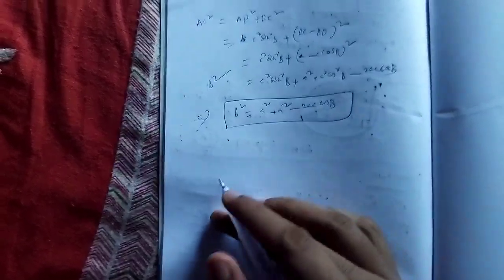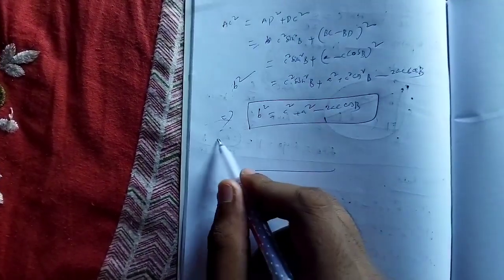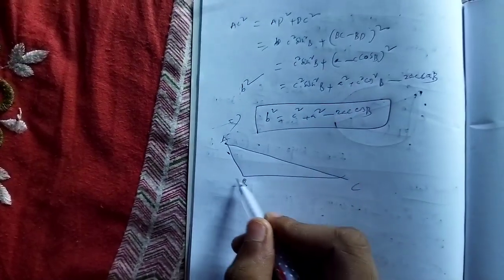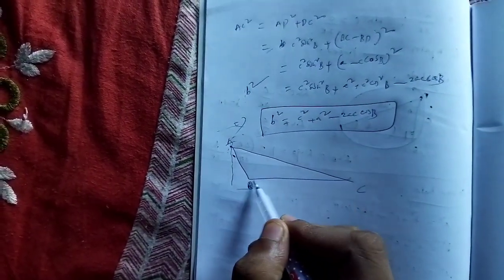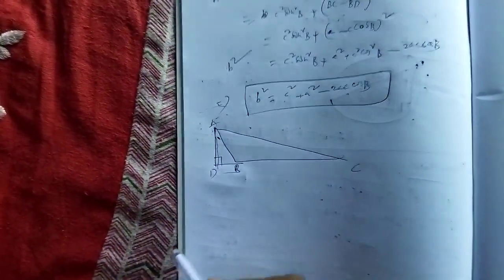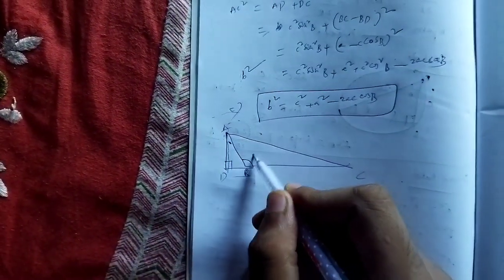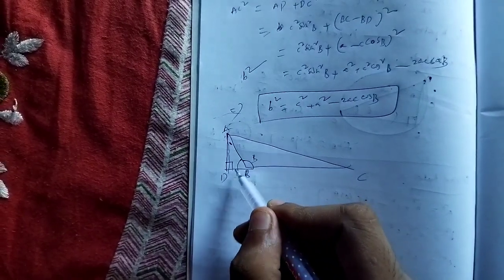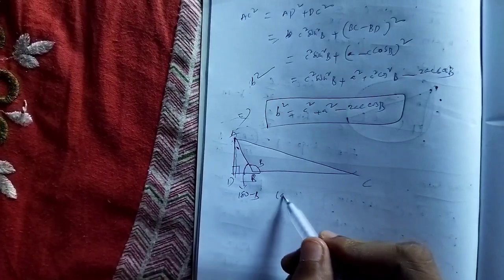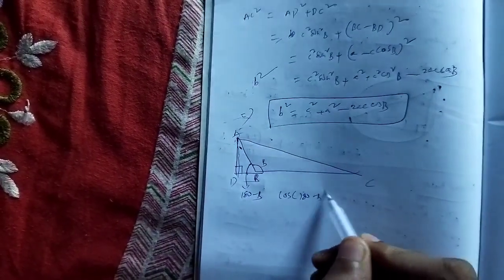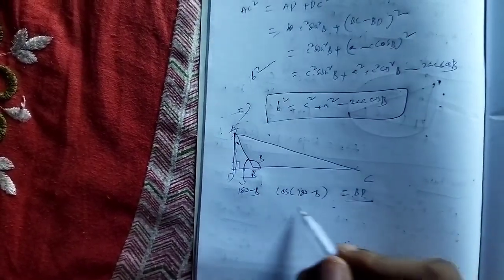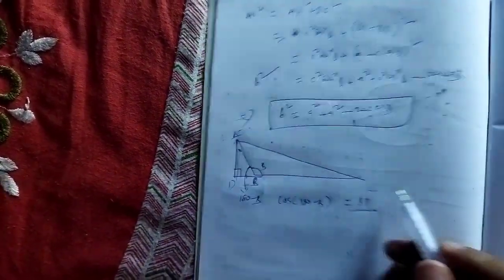Yeah. Let us prove it in an obtuse angle triangle. In an obtuse angle triangle, the altitude will be outside the triangle, let it be D. Similarly, it is B, but this will be 180 minus B. Finding cos 180 minus B in this small triangle, we get BD by AB, right?